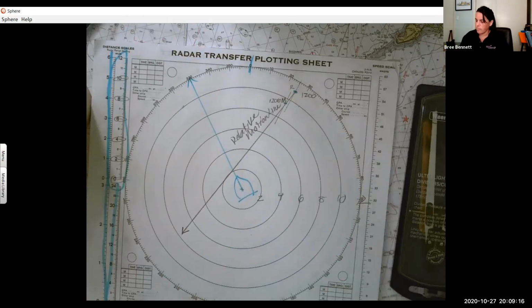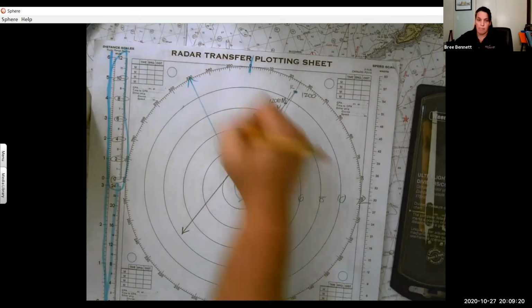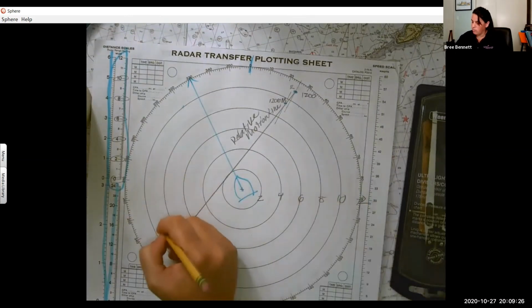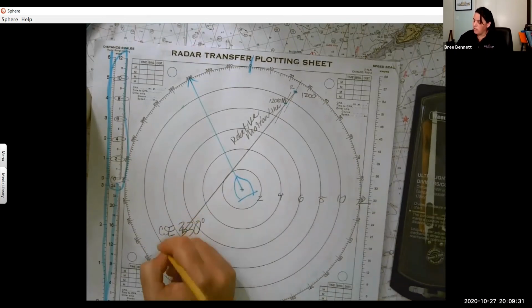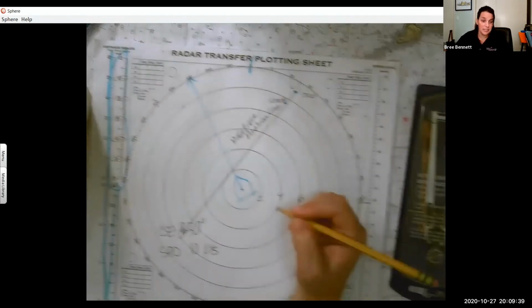So how I do that is I transfer my heading line, and I didn't give us a speed. Let's make our course 330. Our speed is, let's go 10 knots. As you can see, I'm making this up.